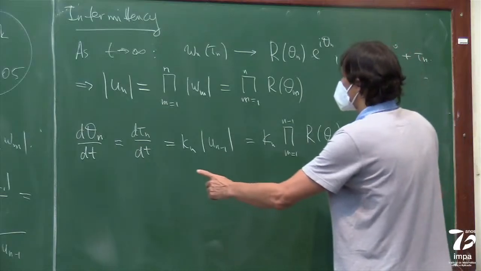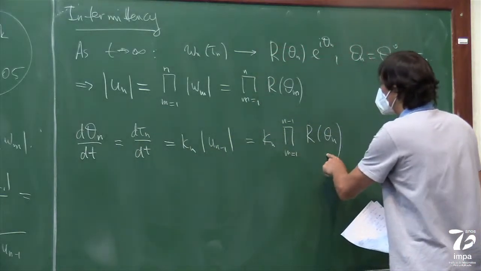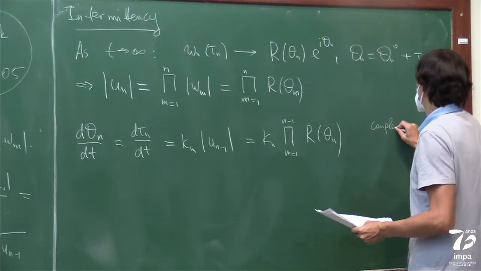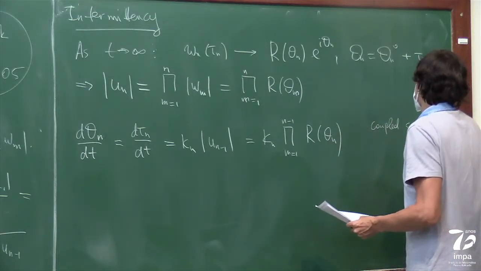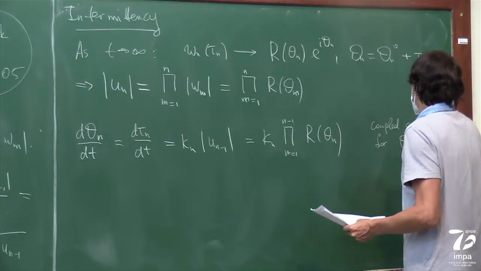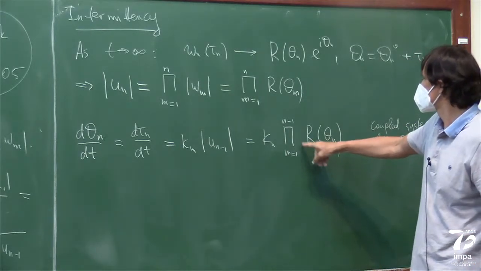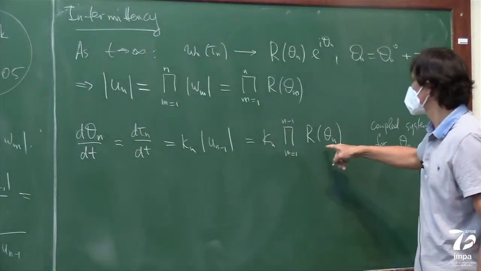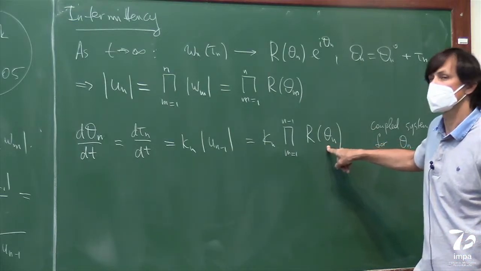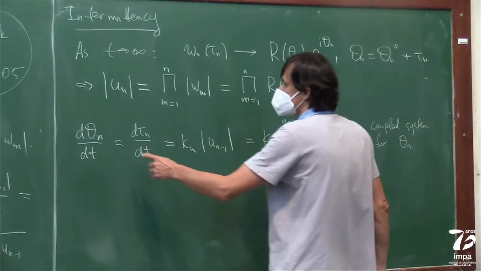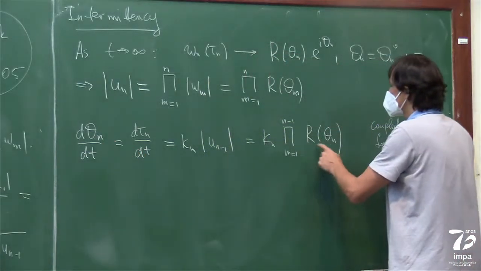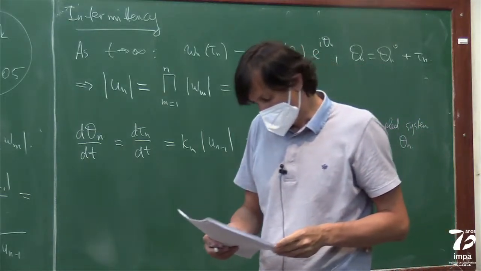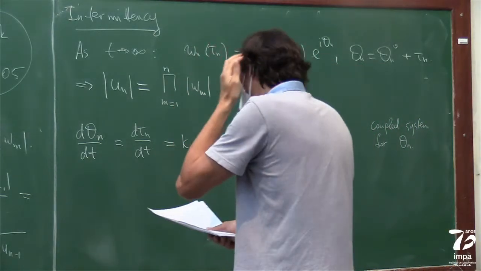So we have a closed system of equations, but coupled equations for theta_n. Because you see this is a product from m to n minus 1, so each next n is obtained in terms of the previous ones. So theta 3 is obtained in terms of theta 1 and theta 2.